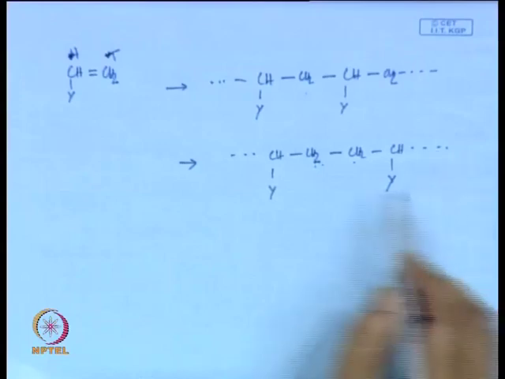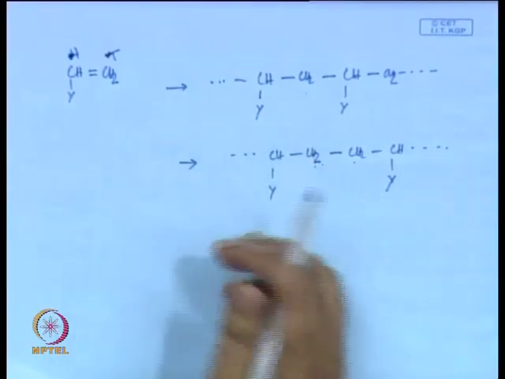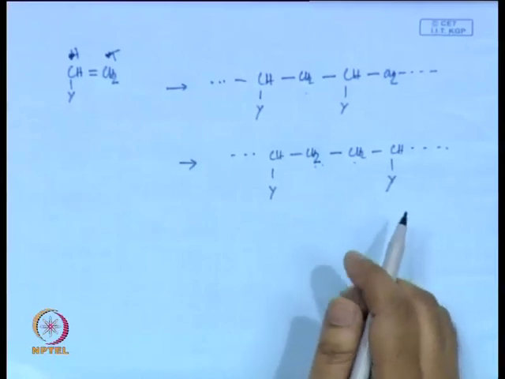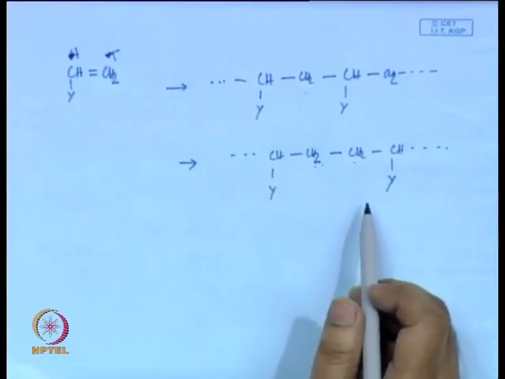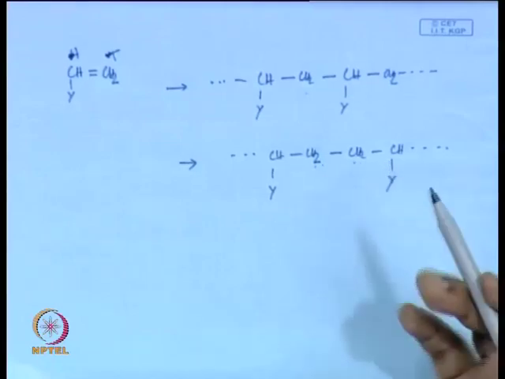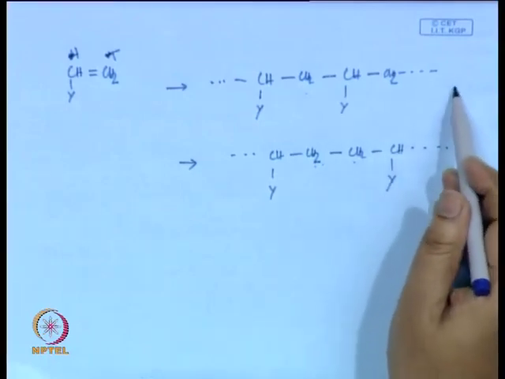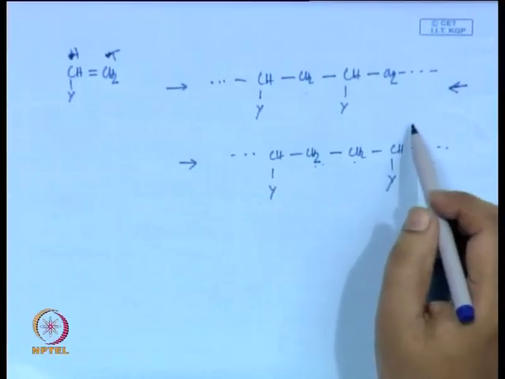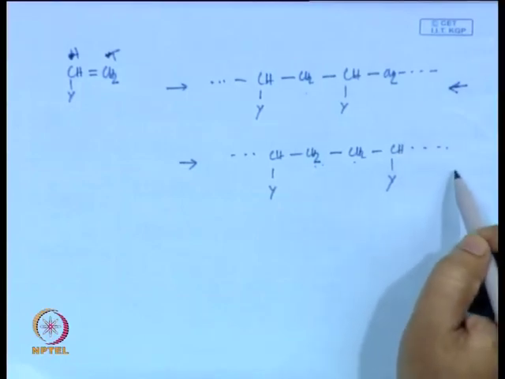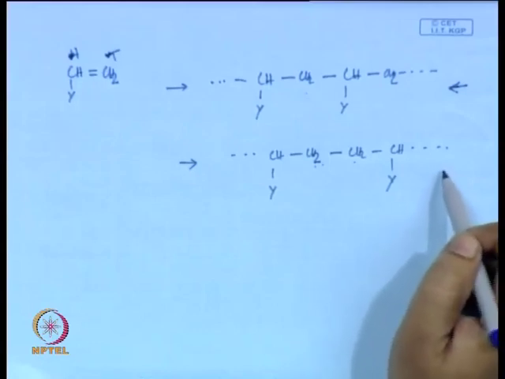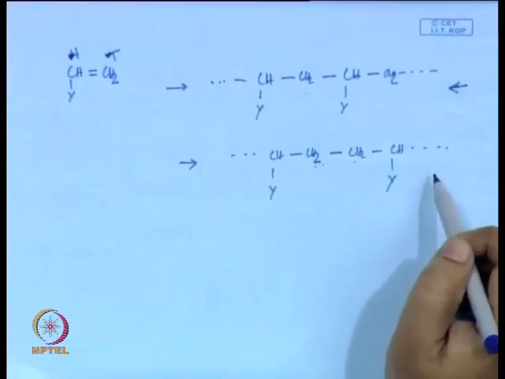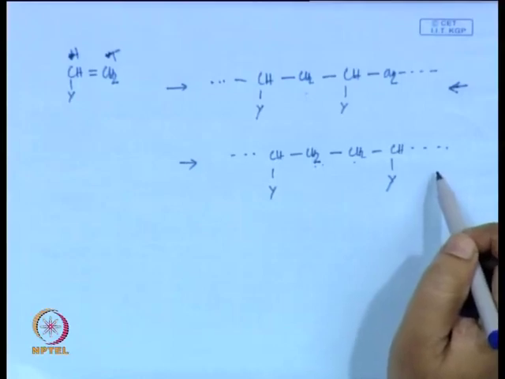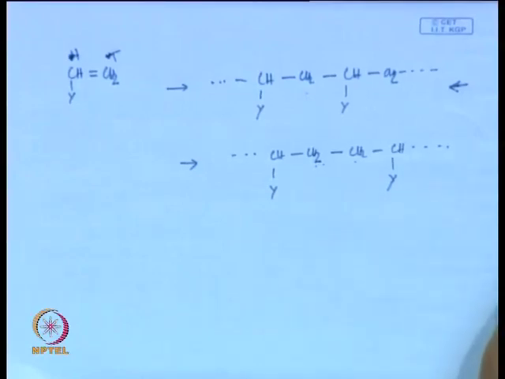So, that is a head-to-head polymer. In a practical sense, in almost every case, when you synthesize a polymer, you get head-to-tail polymers, and unless you make a specific arrangement, you do not get head-to-head polymers.